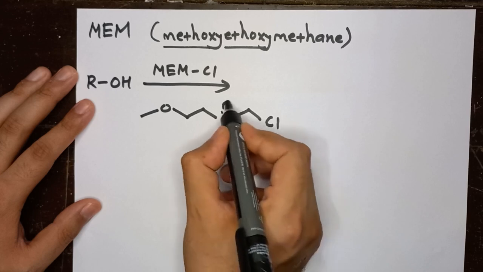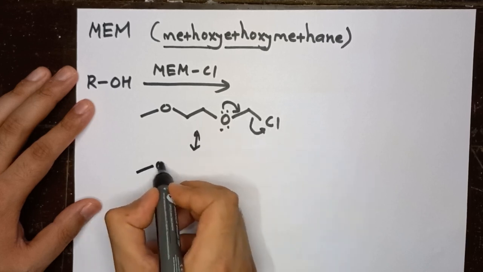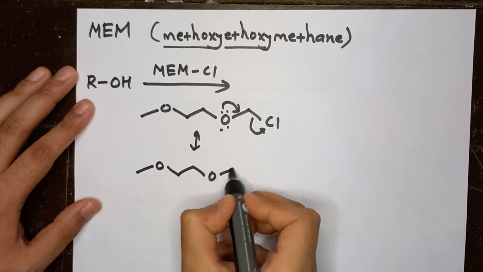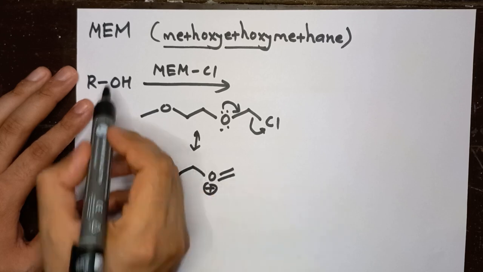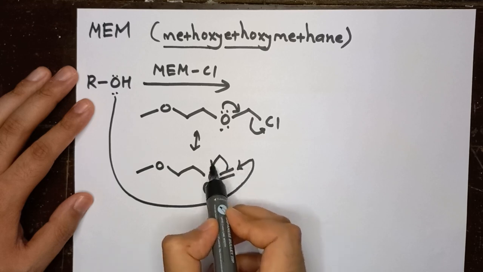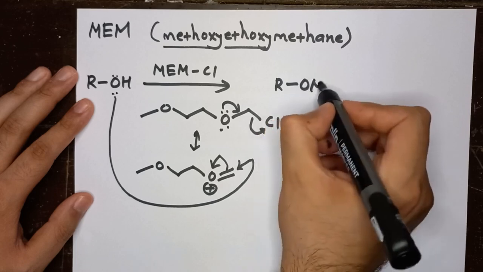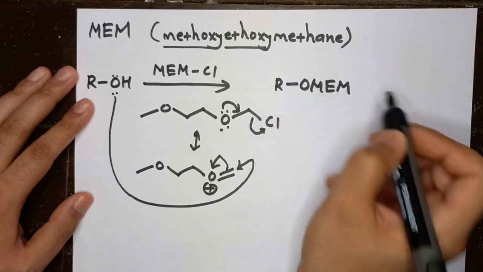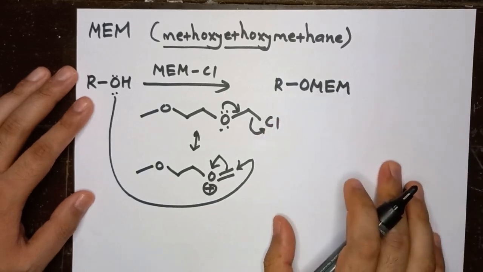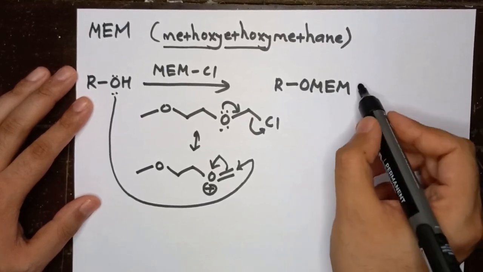This oxygen will eliminate Cl group, and later this oxygen lone pairs will attack at this carbon, neutralizing oxygen, and you will generate RO MEM. So mechanism is same. Okay, the strategy is same like MOM chloride.